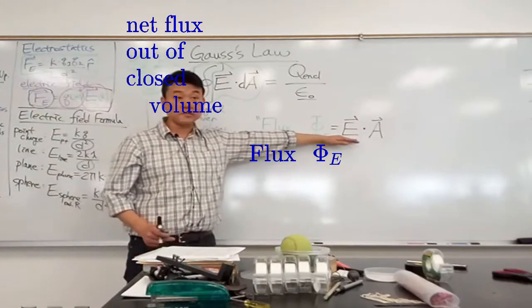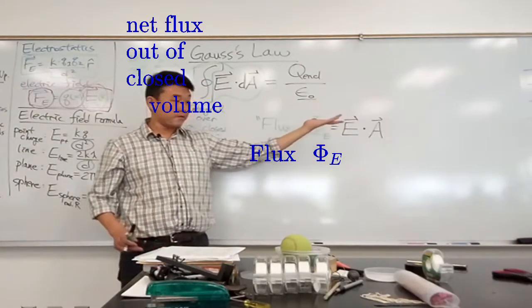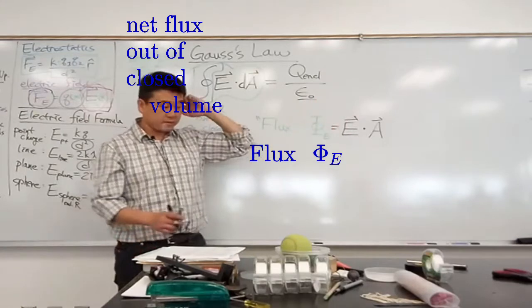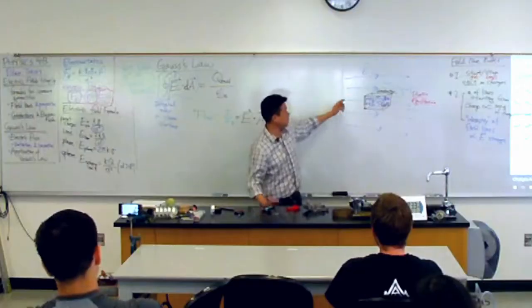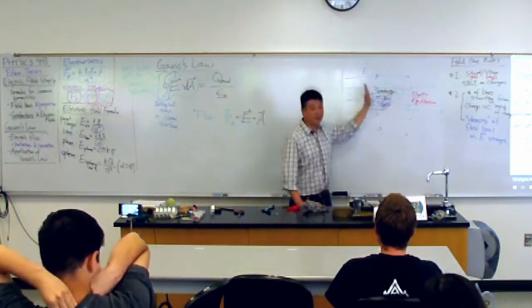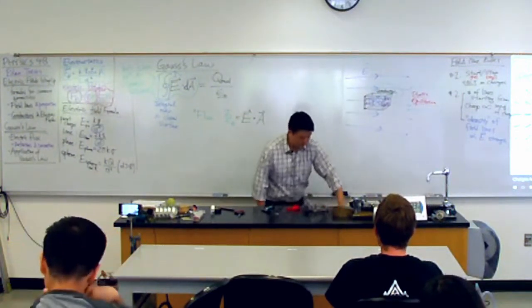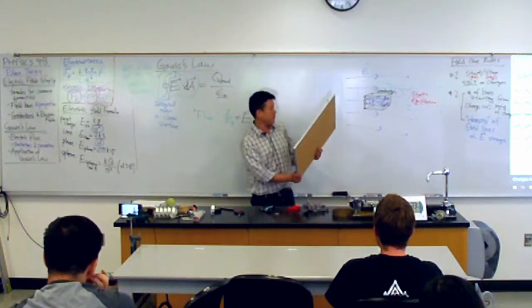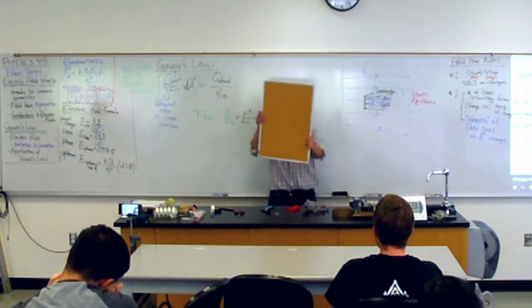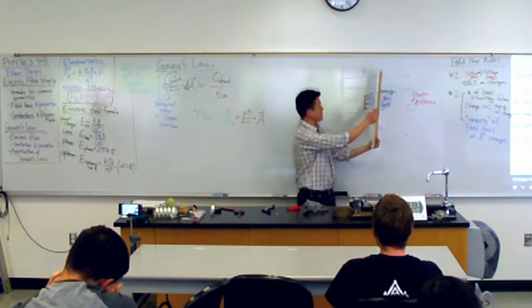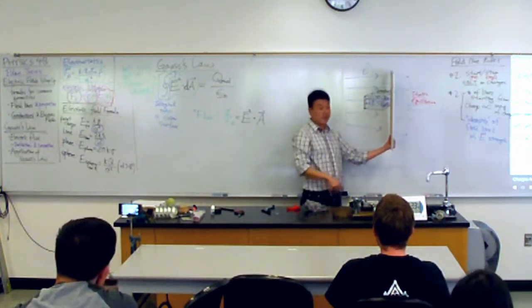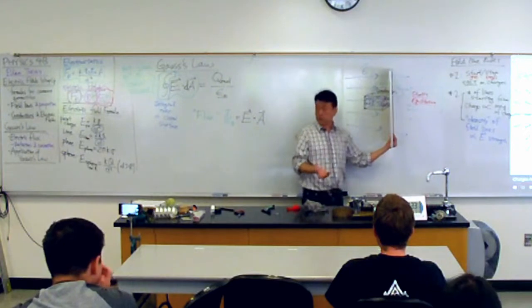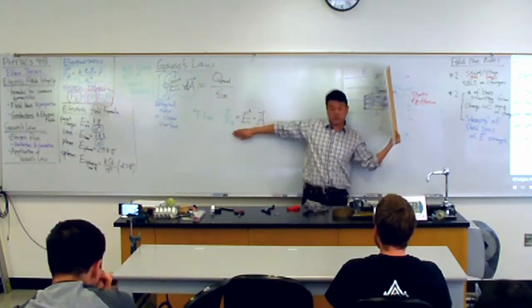If you're just talking about flux in general, you can talk about flux through any kind of thing. So, for example, I can use this example here. Let's say I have an electric field set up like this. And so if I have an area here that's set up inside this place where there are a lot of electric fields, then to calculate the amount of flux, you would just plug numbers into this formula.